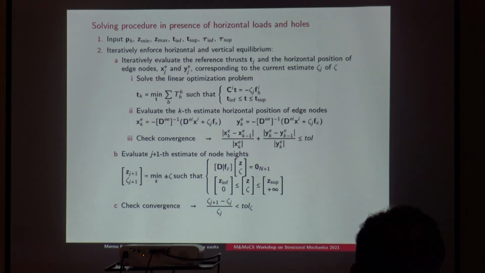And this is a pre-processing, and then we have post-processing interpreting the solution. So we have a distribution of thrust inside the network, and then we can interpret these thrusts, which are actually axial forces, as membrane forces.